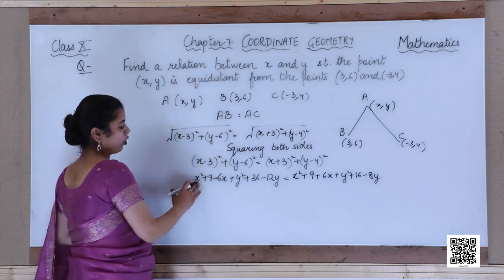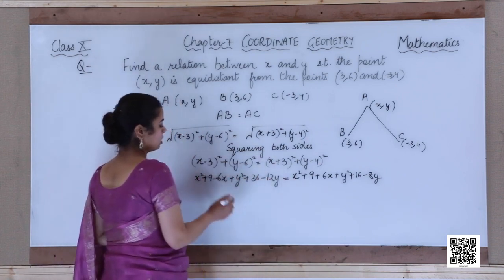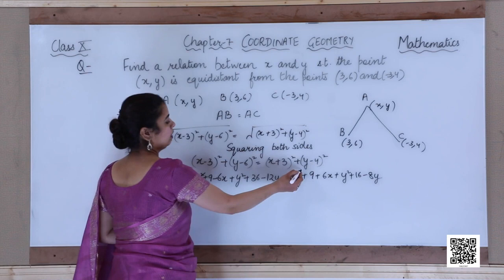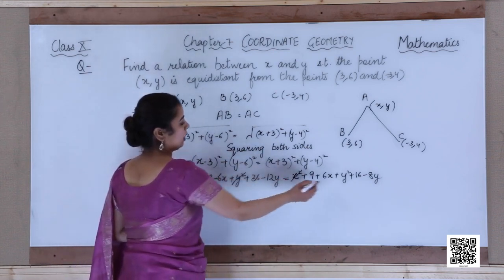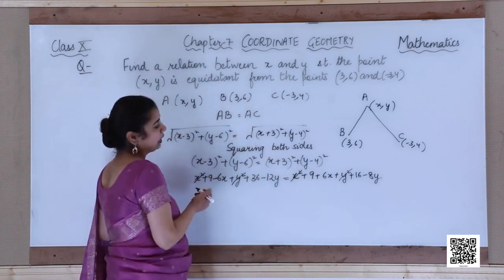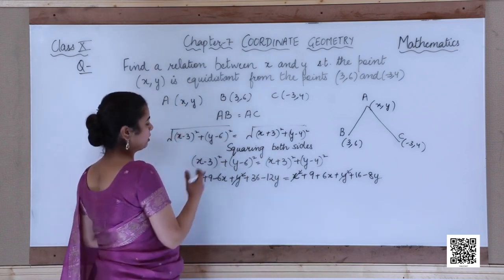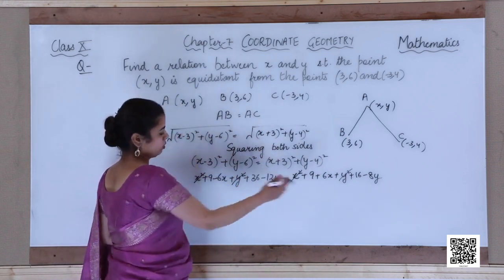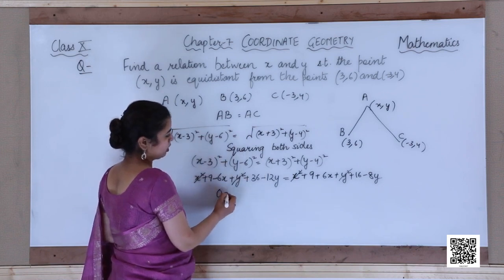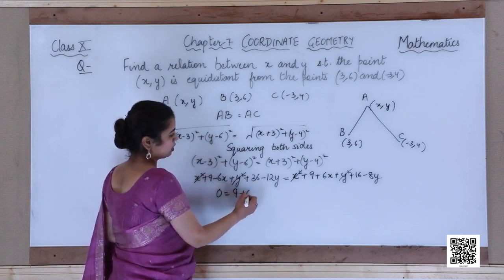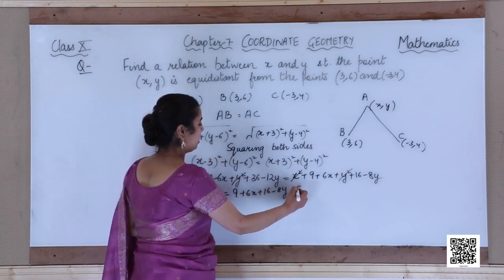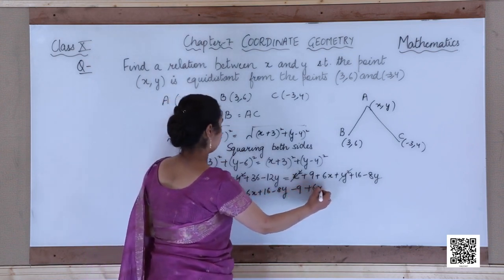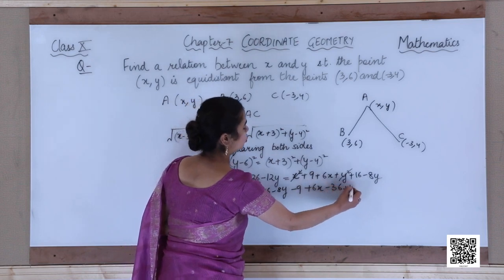So children, we have x² on this side and x² on this side. When we subtract x² from both sides, they get cancelled. Same with y², it also gets cancelled. Let us simplify this by taking like terms together, or we can take all the terms to the right hand side. So we get 0 is equal to 9 + 6x + 16 - 8y - 9 + 6x - 36 + 12y.